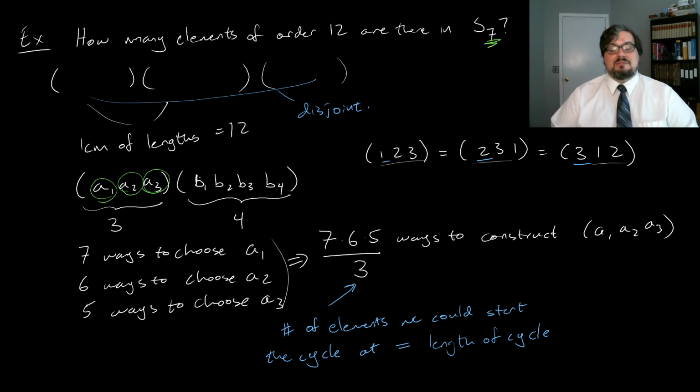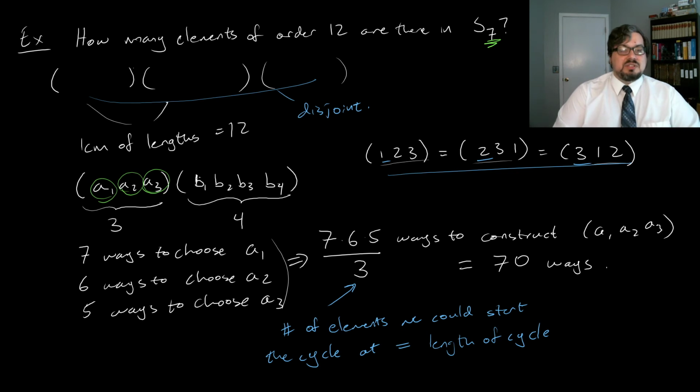If we just multiply 7 times 6 times 5, we've counted these 3 cycles separately, once with 1 in front, once with 2 in front, and once with 3 in front. So that means that there are 7 times 6 times 5 divided by 3 ways to construct the cycle A1, A2, A3, which is 70 ways to construct A1, A2, A3.